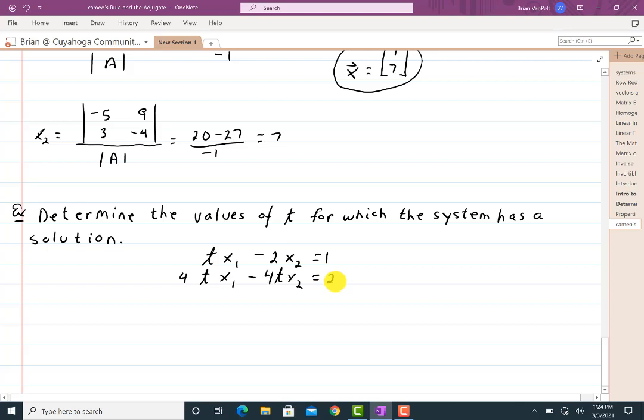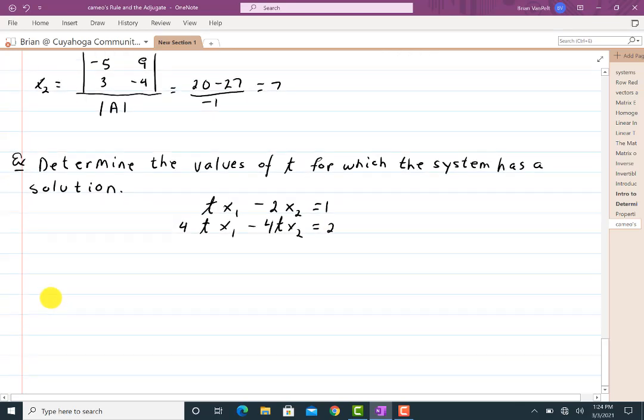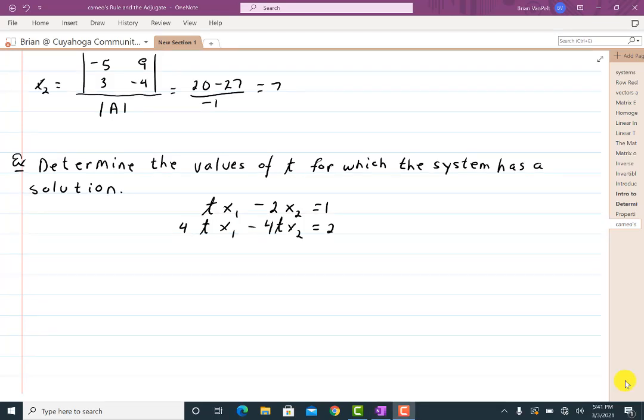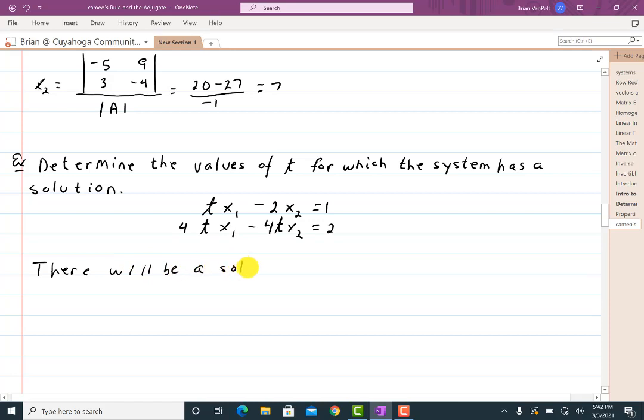Now we know that this thing has a solution if the matrix of coefficients is invertible. The solution to this is surprisingly Cramer's rule free. There will be a solution if and only if the determinant of the matrix of coefficients is not equal to 0, as I said.